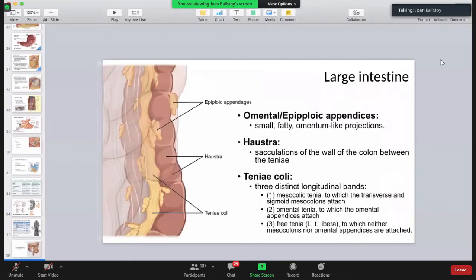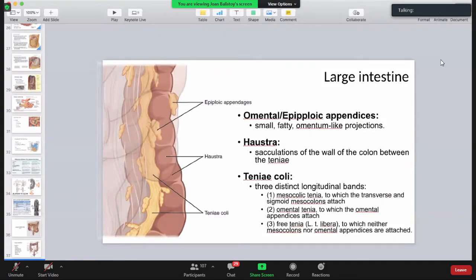So how will you know that it is the large intestine already? Because you will see epiploic appendages or omental appendages. You see small fatty omentum-like projections. Aside from that, you see haustration. This one is called haustration, the sacculation of the wall of the colon between taeniae.